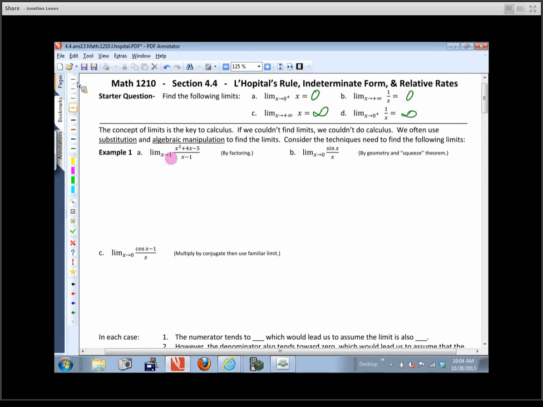So if I plug in a 1, I get a 1 here, a 4 here, then I subtract 5, so I end up with a 0 in the numerator, which all by itself isn't a bad thing. But when I try and plug a 1 in the denominator, I end up with a 0 also, okay? So when we ran into this before, we looked at this and we said, okay, well, let's see if we can factor this.